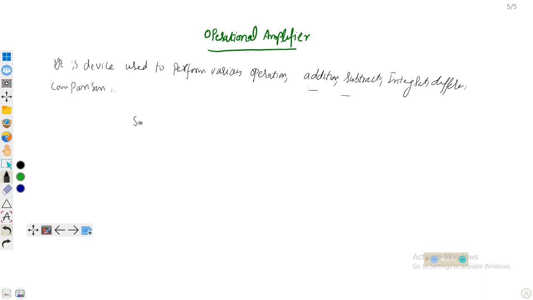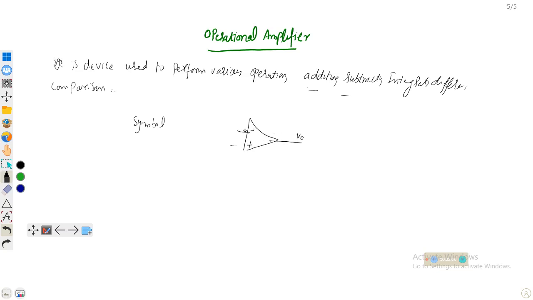The symbol for the operational amplifier is this one. This is inverting and this is non-inverting, and this is our output terminal.